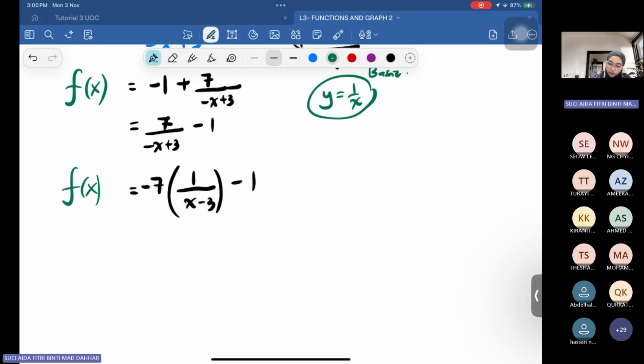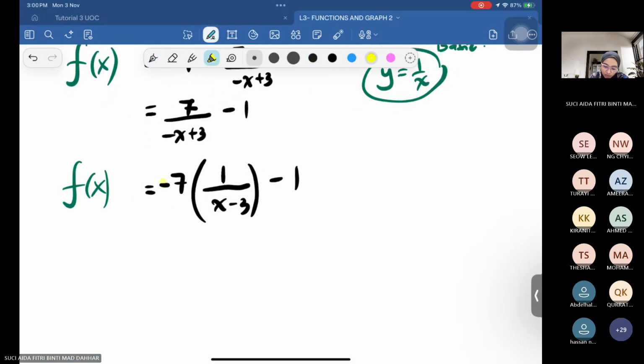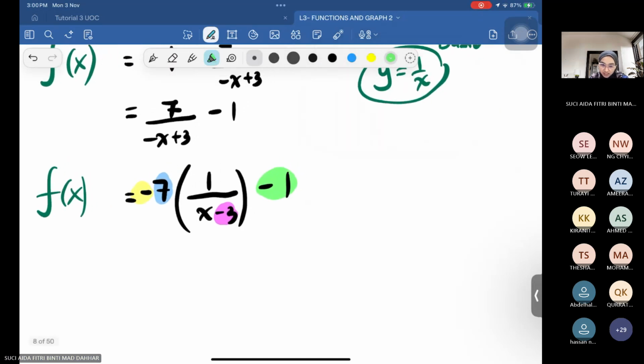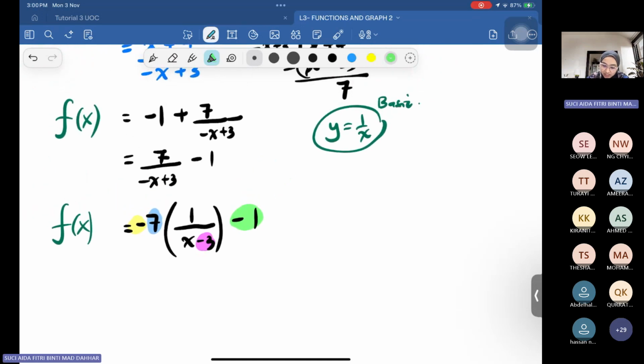I think writing it in this manner is clearer so that you can determine each of the transformations. Now, how many transformations occur here? 1, 2, 3, 4. Class, there are 4 transformations here. This has been transformed to this with 4 different transformations.